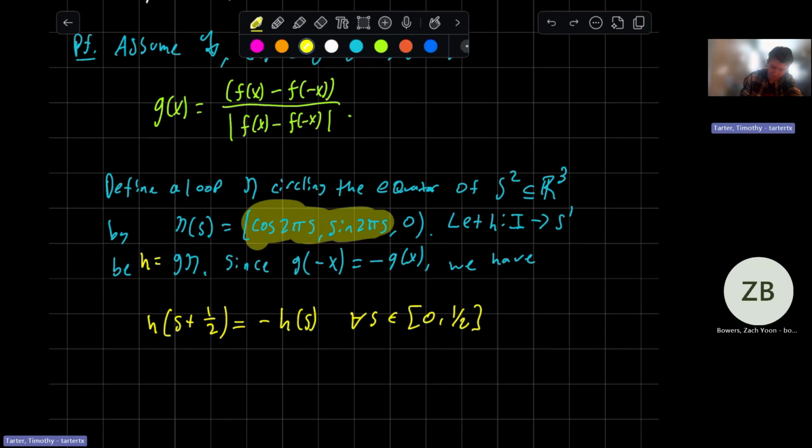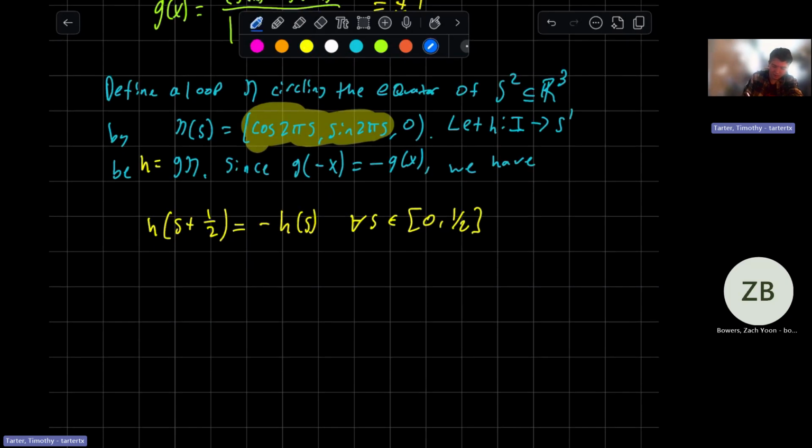And so then h is plus or minus 1. If s is in 0 to 1/2, then this is the same thing as going to minus 1/2 to 0, I guess is maybe the implication here.